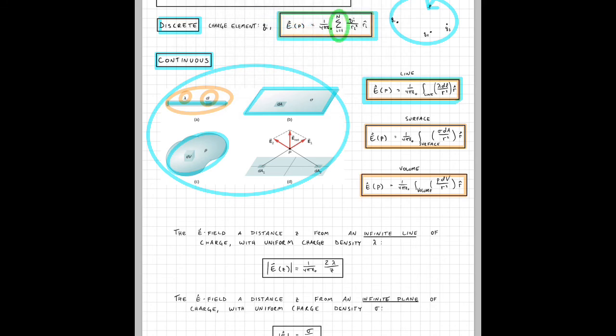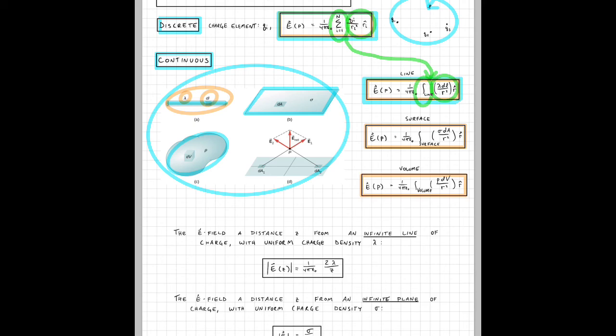In the discrete case, I have a summation. And in the continuous case, I have an integral. In the discrete case, I'm summing over the charge elements Q. And in the line charge case, I'm summing over the charge element lambda dl.